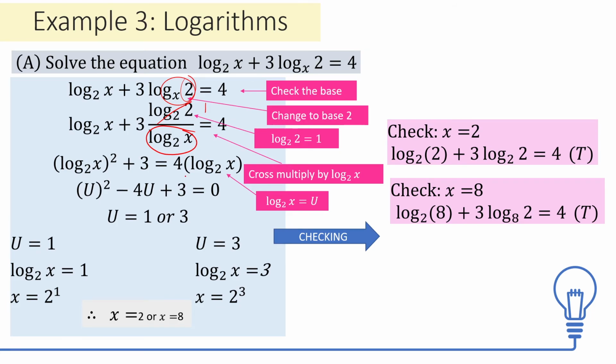Then I bring it to here, and I change my log 2x into u, so I have u squared minus 4u plus 1 equals to 0, and my u equals to 1 and 3, so my answer is either 2 and 8. Then I substitute them back, and then I get my answer is true.